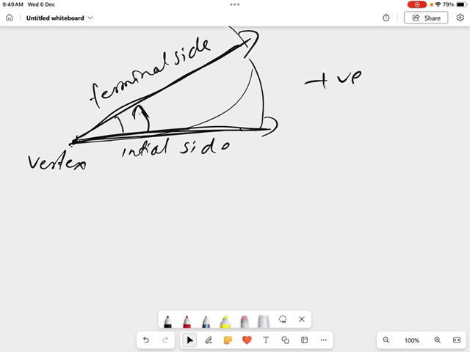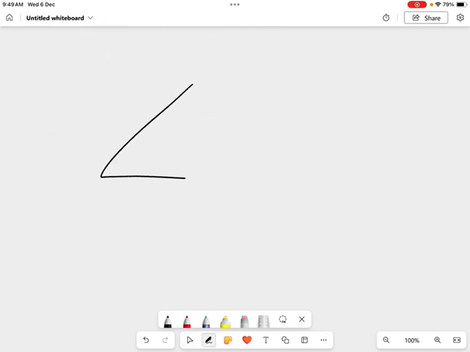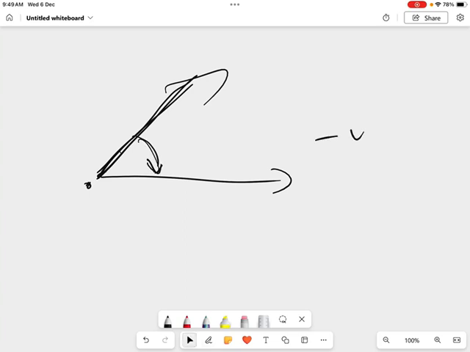And one more, the negative angle. This is the given ray, and it rotates in the clockwise direction. That is a clockwise direction. This is a negative angle.